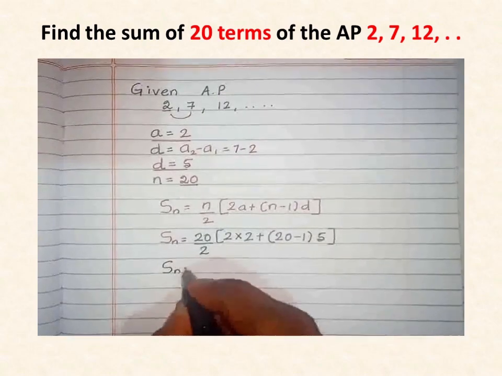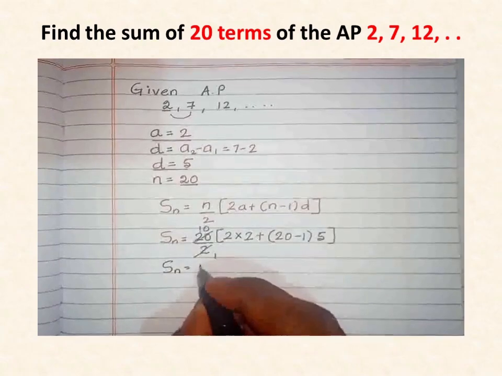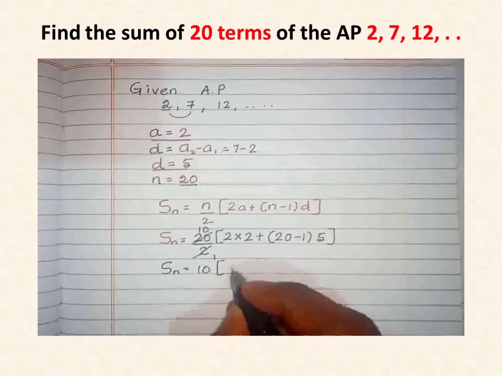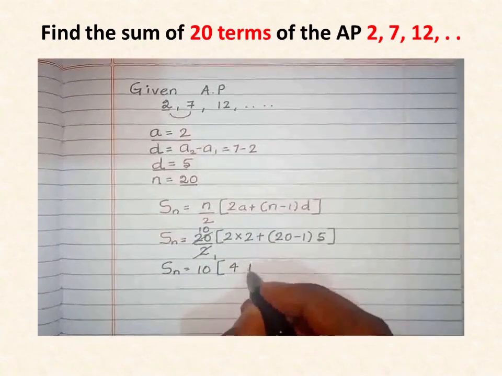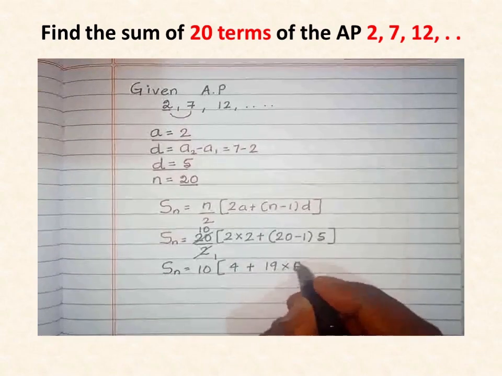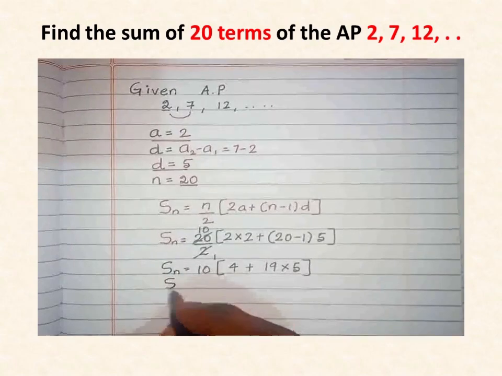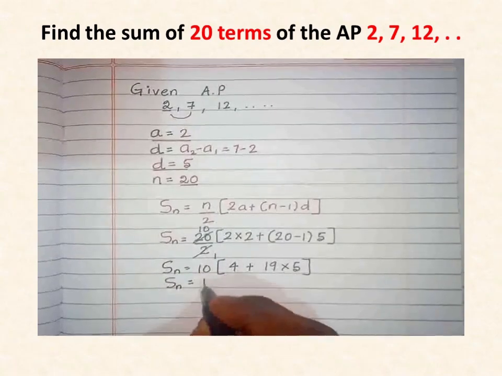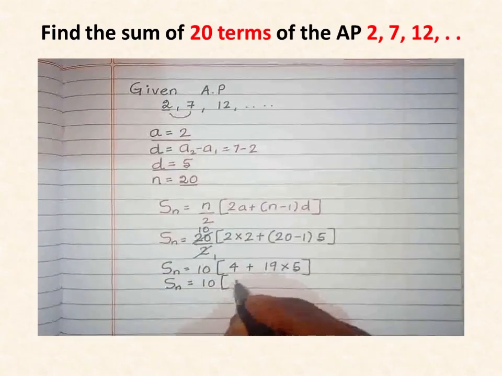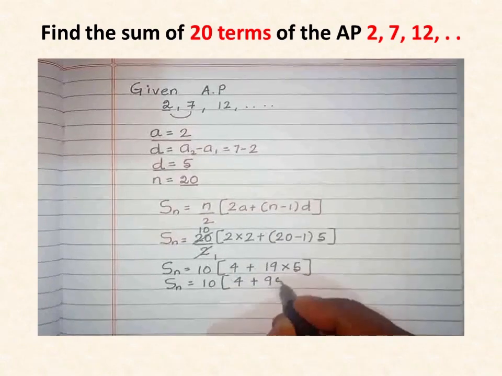Now Sn equals 20 by 2 will give you 10. 10 into 2 into 2 is 4 plus 20 minus 1 is 19 into 5. So Sn equals 10 into 4 plus 19 times 5 will give you 95.